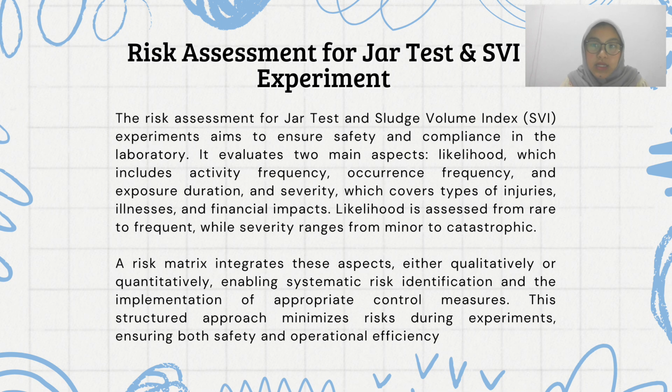It evaluates two main aspects: likelihood, which includes activity frequency, occurrence frequency, and exposure duration, and severity, which covers types of injuries, illnesses, and financial impact. Likelihood is assessed from rare to frequent, while severity ranges from minor to catastrophic.